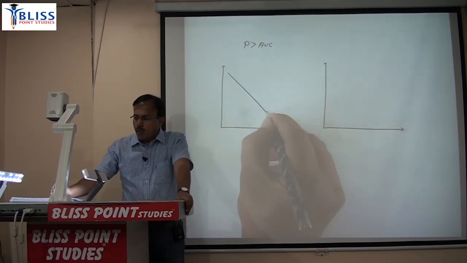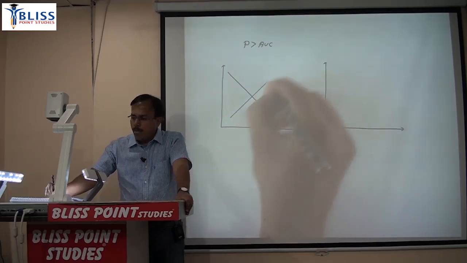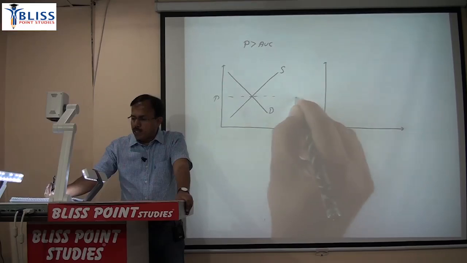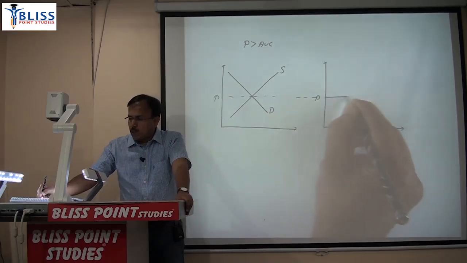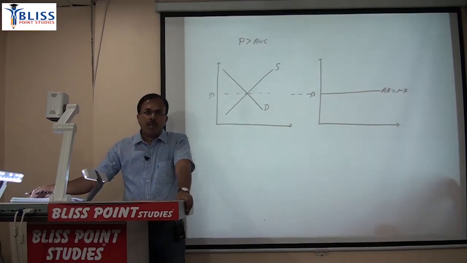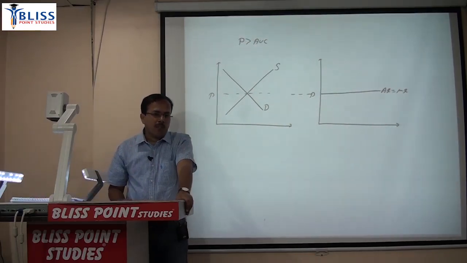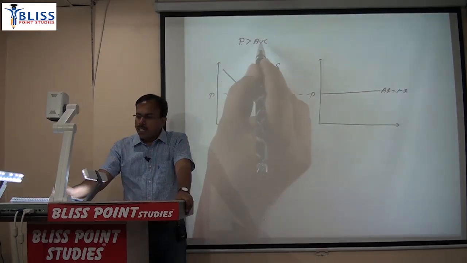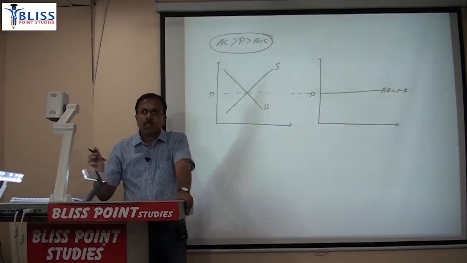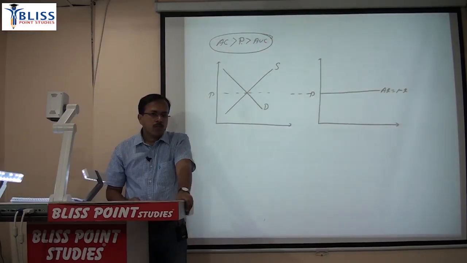So if you have to show loss, then demand supply intersection will determine the price. This price will remain same. Now where will be average cost and where will be average variable cost? P greater than AVC, but P should be less than AC. You have to show this. So how to use this diagram now?